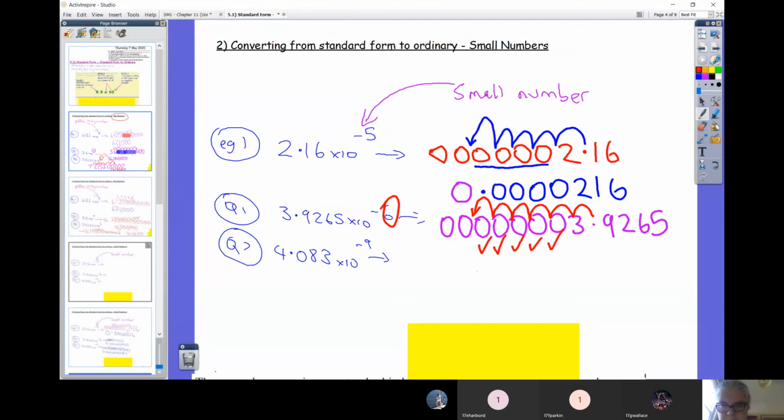Then you copy out all the other numbers. Don't leave any of the numbers out. Always include all the numbers that are in the question. And as I said a minute ago, by convention, we just go and put a 0 in front of it. Obviously, it doesn't change the size of the number. The decimal point isn't moving. So that's how we do it.